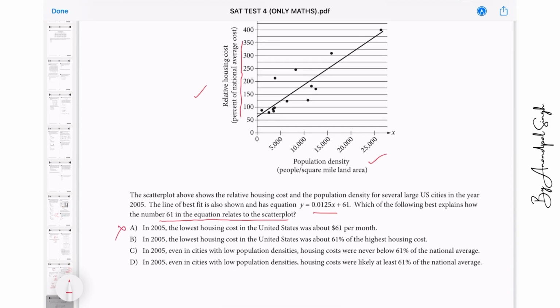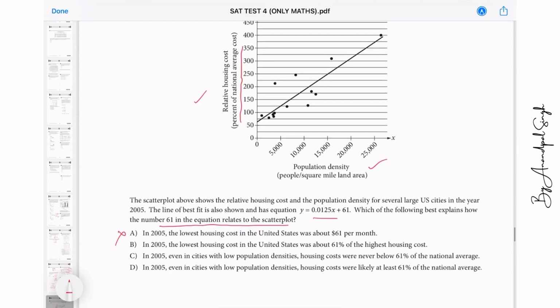In 2005, the lowest housing cost in the United States was about 61% of the highest cost. They are talking about percentage here. I have to check. In 2005, even in cities with low population densities, housing costs were never below 61% of the national average. In 2005, even in cities with low population densities, housing costs were likely to be at least... yeah, it should be likely, most likely.